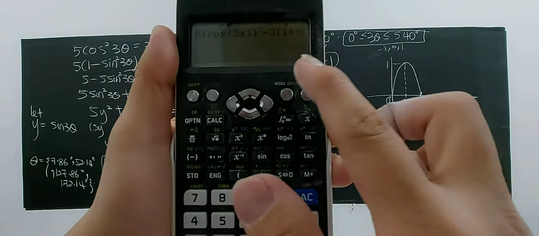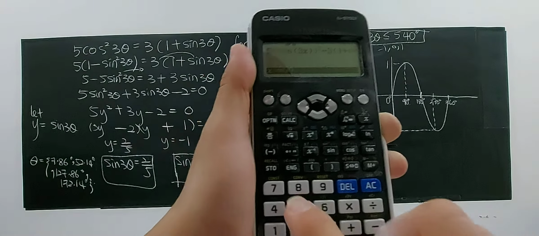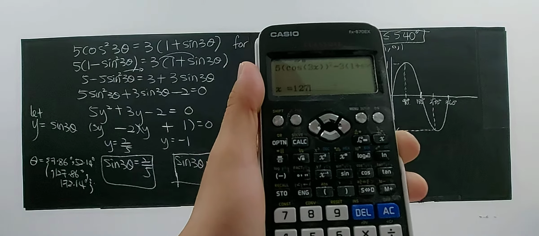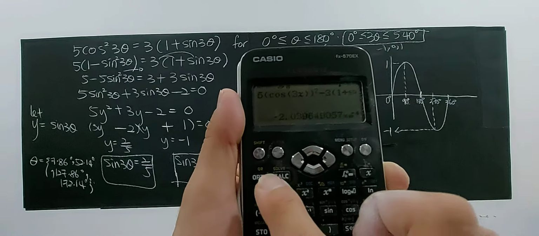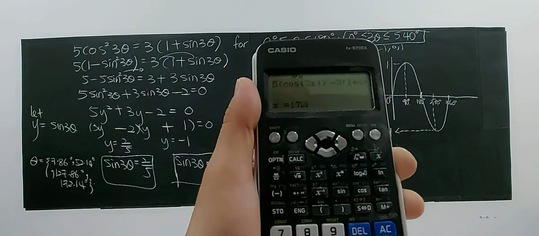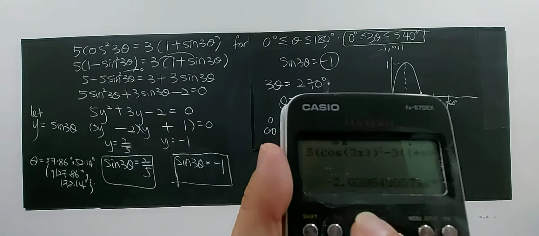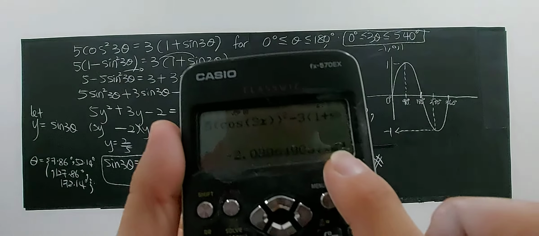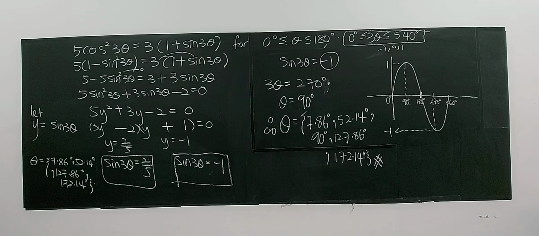Other than this, all are rounded off. For 127.86, you are getting a number near to 0 as well, 10 to the power of -4 is very near to 0. For 172.14, you're getting -2 times 10 to the power of -4. So this is all the solution for this case here. Okay, that's all for this video.